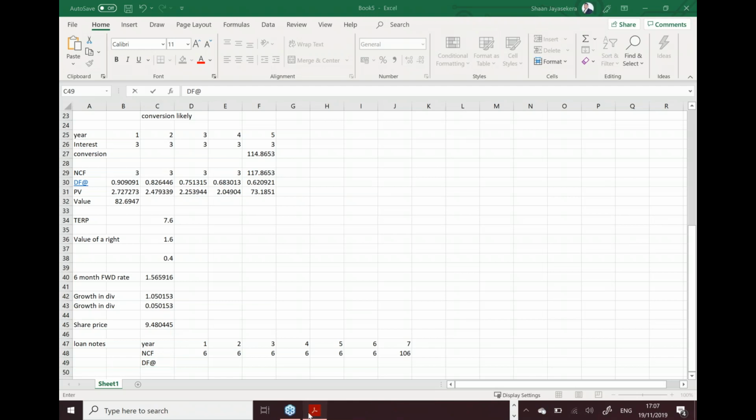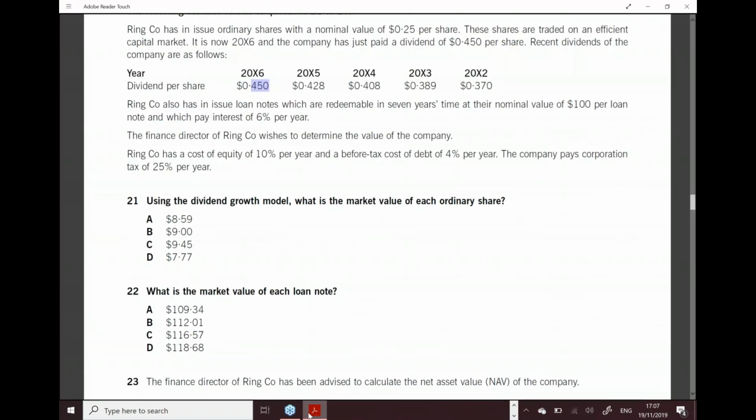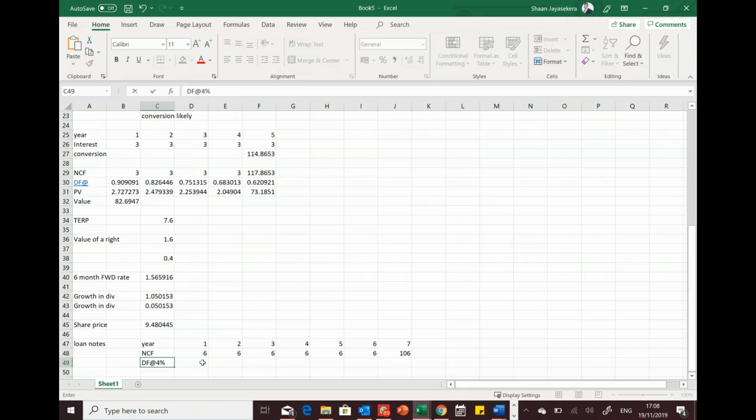The pre-tax cost of debt of 4% means investors are demanding a rate of return of 4% on the debt, because if they can invest elsewhere they can actually get a 4% return. So I will discount this at 4%, 1 divided by 1.04 to the power of 1 and so forth. Those are my discount factors.